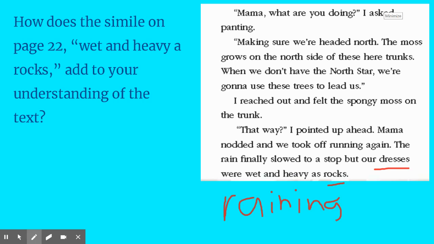Like he could just say, slowed to a stop, but our dresses were wet. But no, he adds that word rocks in there to really make you visualize and feel what it might be like to be soaked to the bone, running for your life, and with heavy, wet dresses on. It would just be awful.